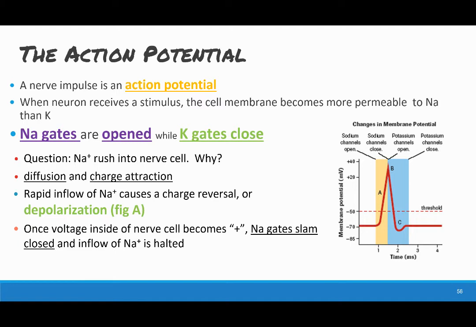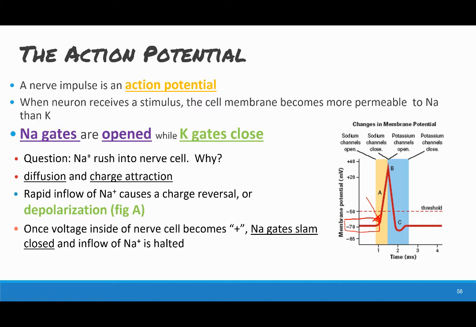So one thing you need to be able to do is analyze a graph of the voltage of the inside of a membrane during an action potential. When you look at the right-hand side here, we start when the membrane is at rest. A stimulus arrives, which is right here on our graph, and that opens up the sodium-gated channels.